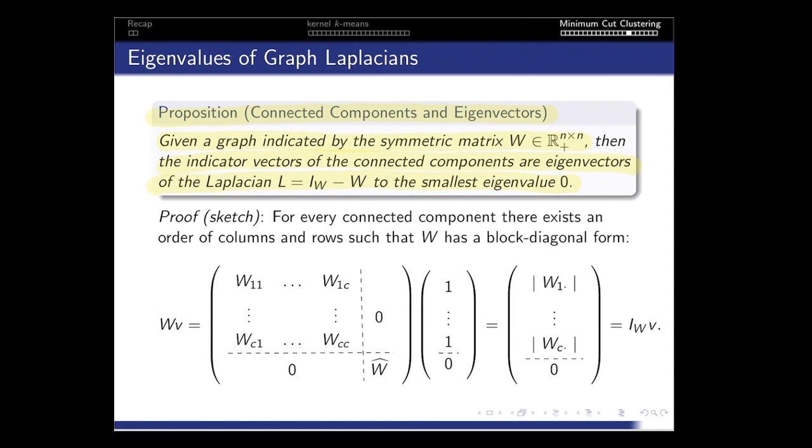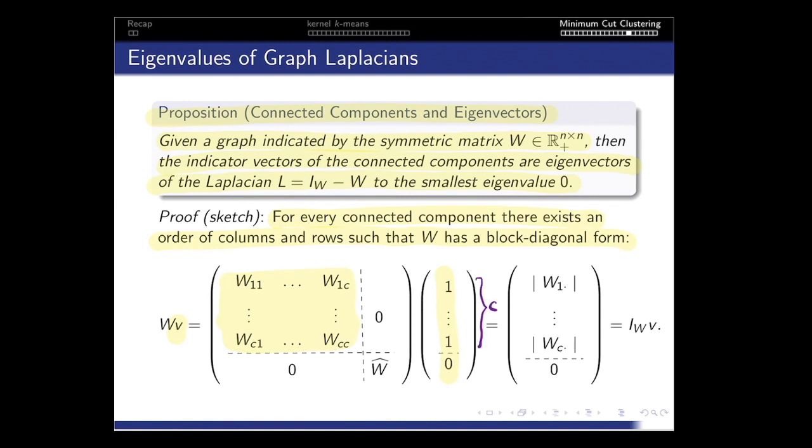And why is that? Well, for every connected component, there exists an order of columns and rows such that W has a block diagonal form. For example, we have here C connected components, and you see that these C connected components can be denoted as the first block. Then we have this block diagonal form, and the vector V is the indicator of this connected component, so it has C 1s.